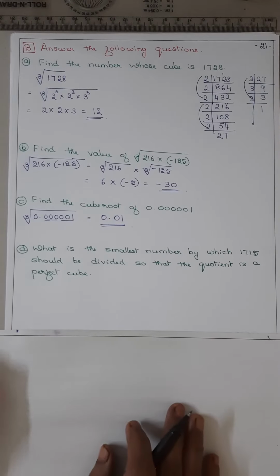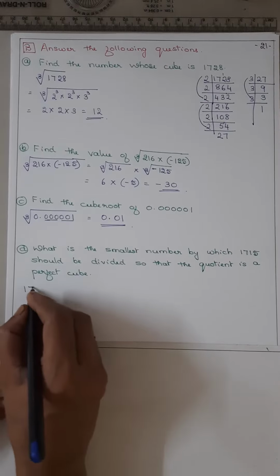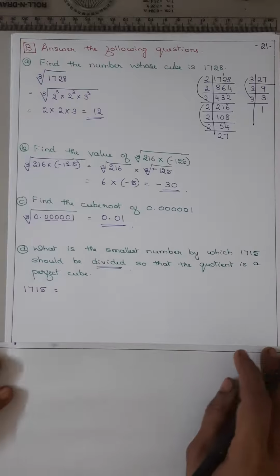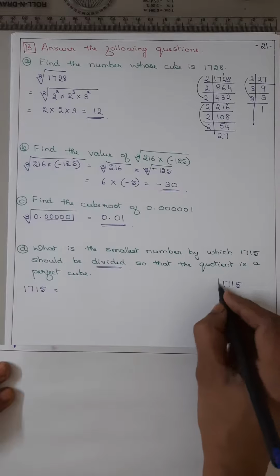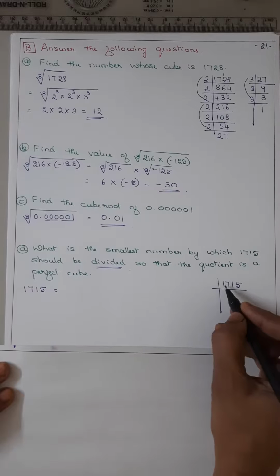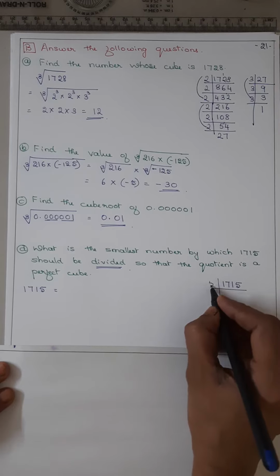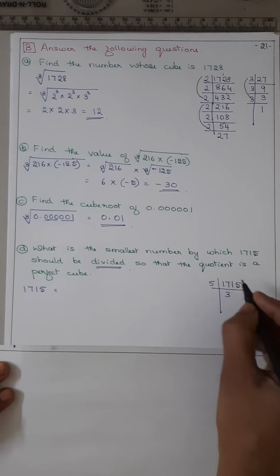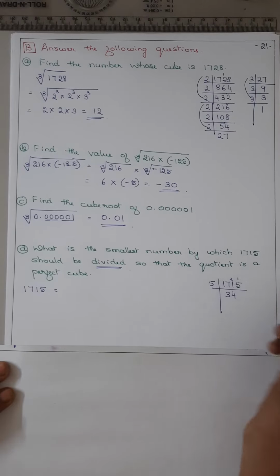Now what is the smallest number by which 1715 should be divided? Remember the prime factorization method. It is not divisible by 3, so directly by 5. 5 3s are 15, 2 remains. 5 4s are 20, 1 remains. 5 3s are 15.